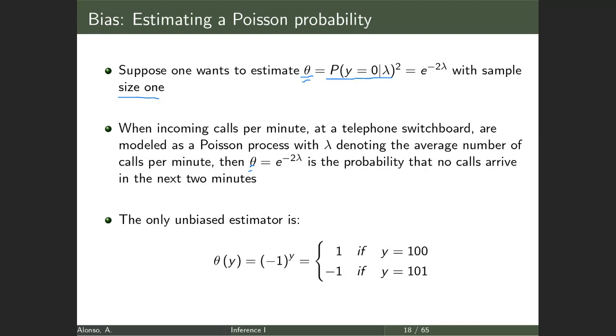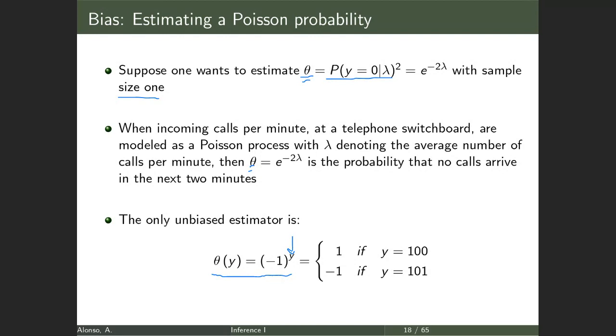That's the data I have. And now, using that data, again, we want to estimate the probability that in the next 2 minutes, nobody will call. Well, you can show mathematically that the only unbiased estimator for this parameter theta over here is given below. It's (-1) to the power y, where y is your data, the amount of people that call in the present minute or in the past minute.